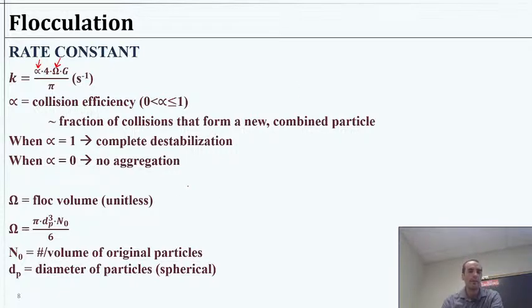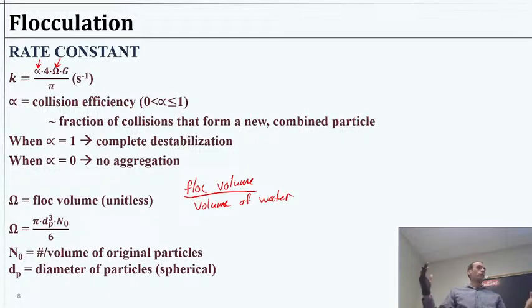This is flock volume per volume of water. Which is why it becomes unitless, assuming we have the same units in both parts. So we want to make sure that we do get it to be unitless. So we'll say cubic meters per cubic meters is what we ought to aim at.